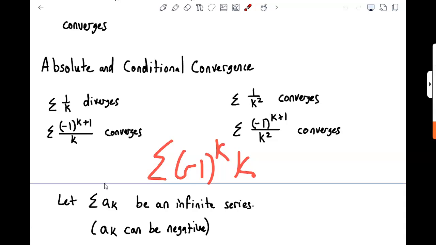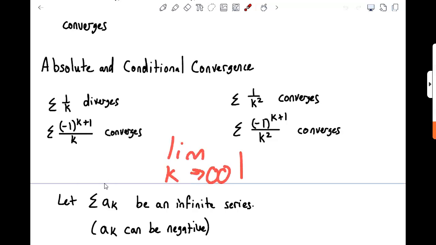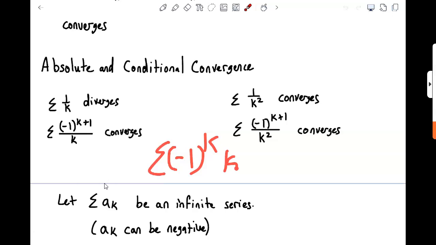That's just going to diverge, because the underlying series obviously diverges, and by the alternating series test, the limit as k goes to infinity is not 0, so the alternating series also diverges. So that would be an example of one that diverges, like minus 1 to the k.